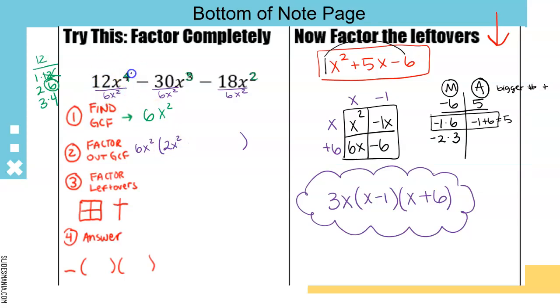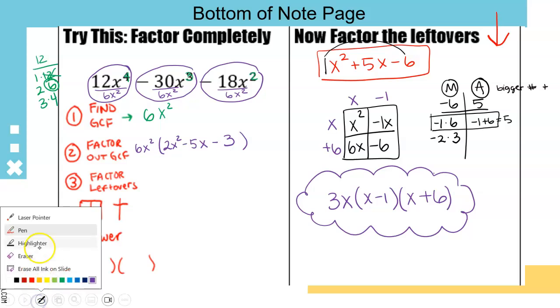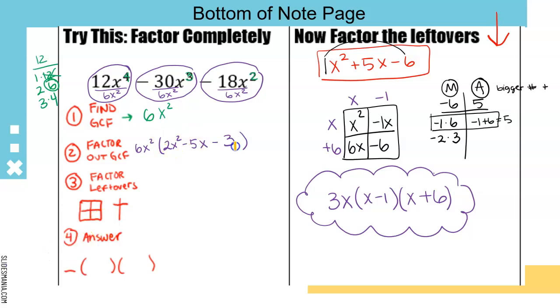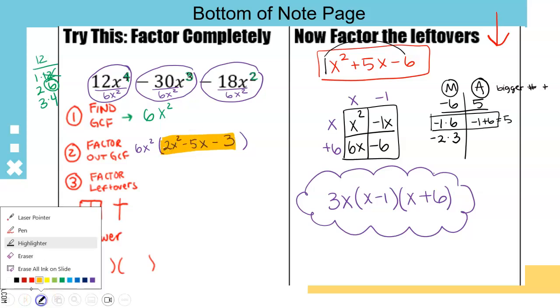That's what I get when I divide those two. Then I'm going to get -5x. And then lastly, I'm going to get -3. The inside are our leftovers, and these are what we are going to try to factor using the box.